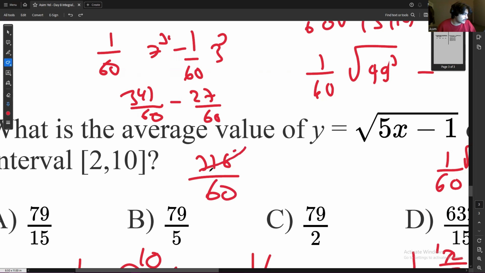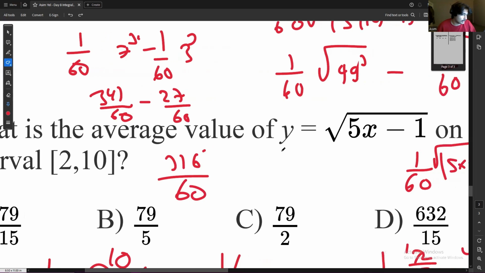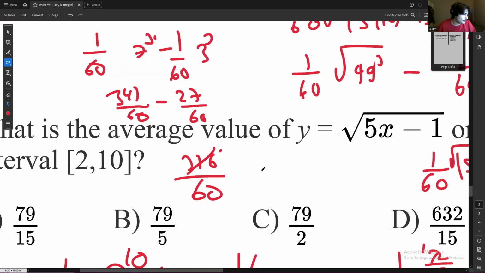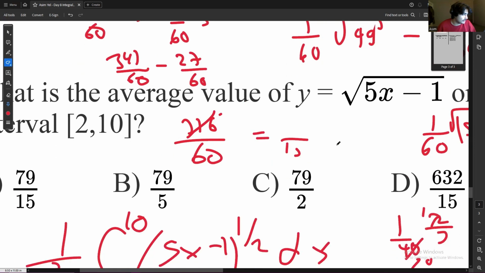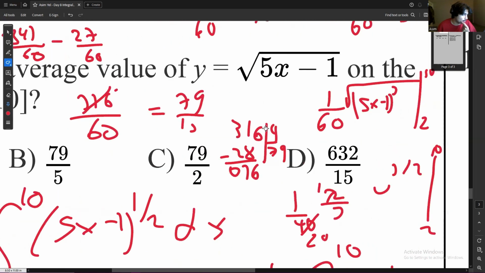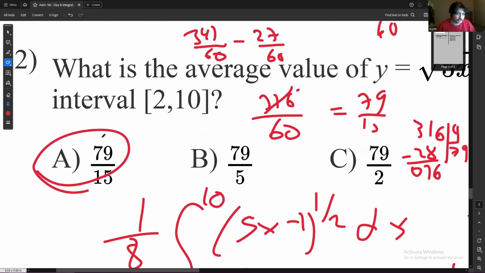Just divide this by 4. If I divide this by 4, I got 15. 316 over 4 is going to be 79. So I got 79 over 15, which is the answer choice.